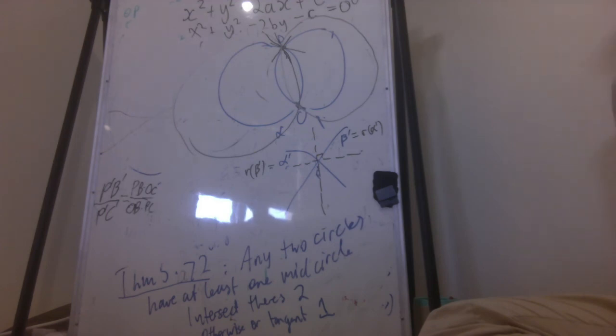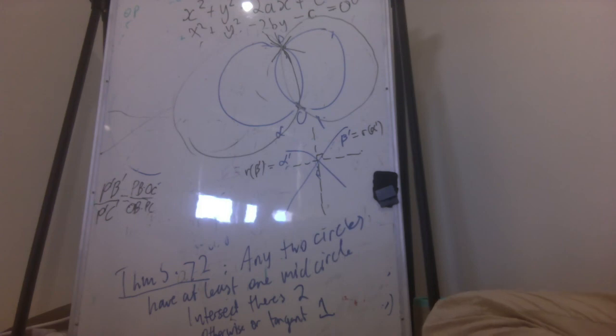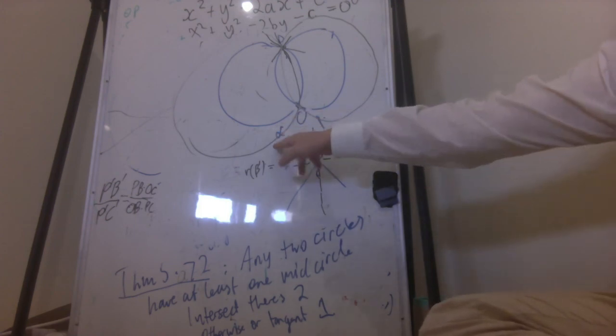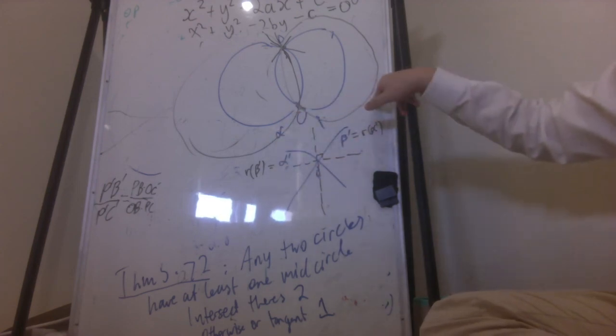So if the circles intersect, like if you have two circles and they intersect, it's clear that the black circle, when you invert about this left black circle, fixes the right black circle, because it's orthogonal.